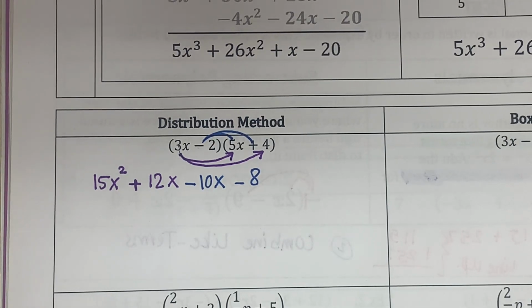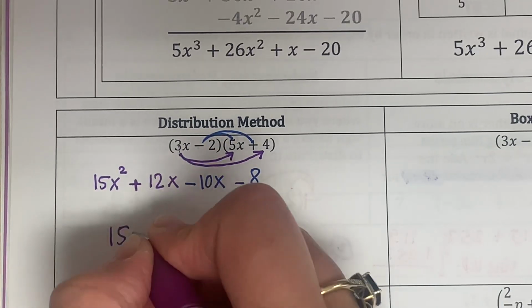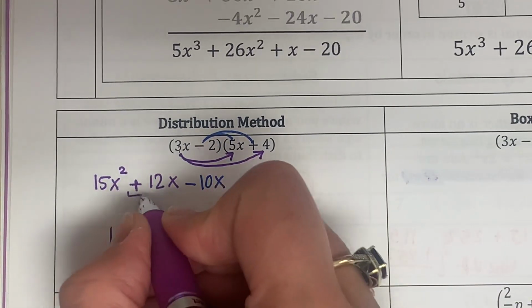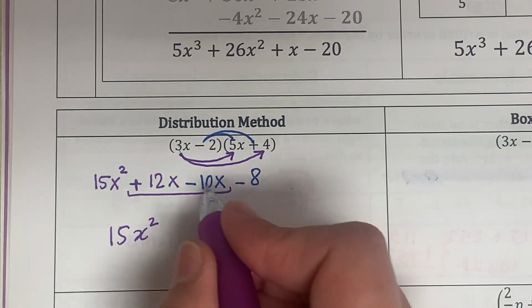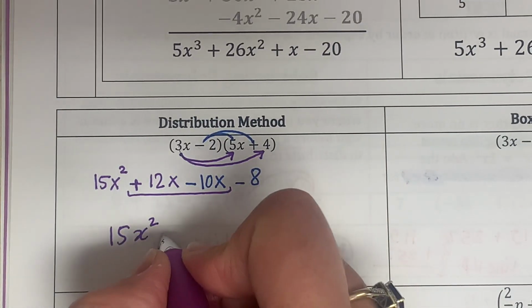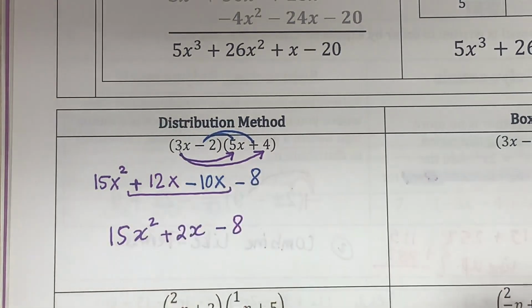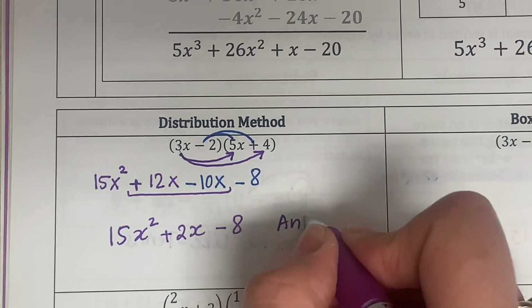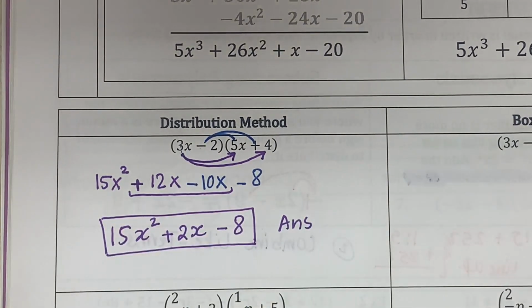So my final answer should be, there's nothing with the x squared, so 15x squared by itself. This is 12x minus 10x. You have $12, take away $10, you are left with 2x, and then minus 8 as well by itself. So this is my answer.